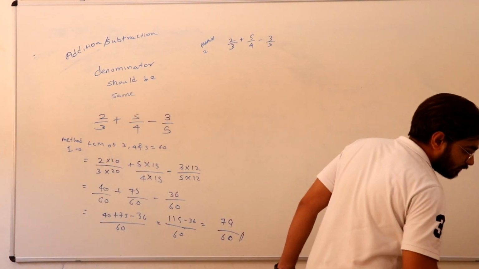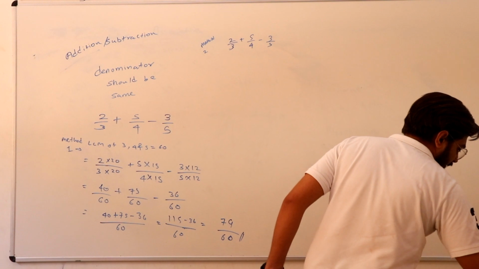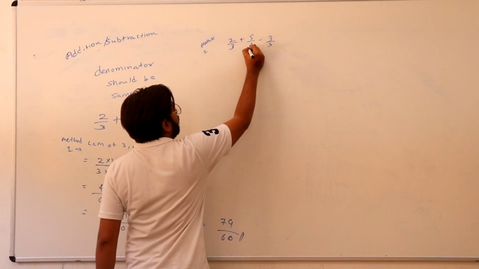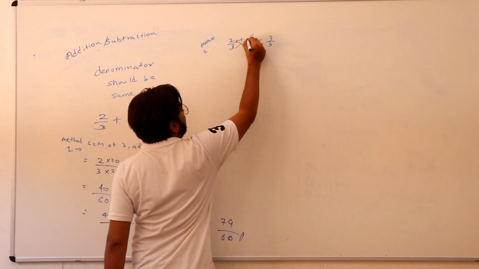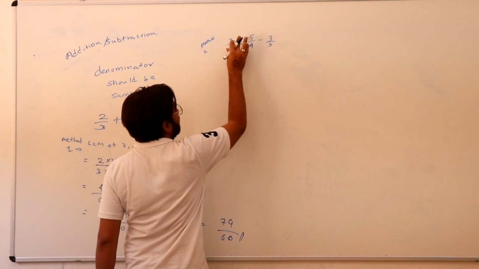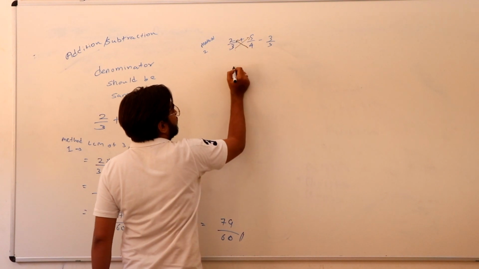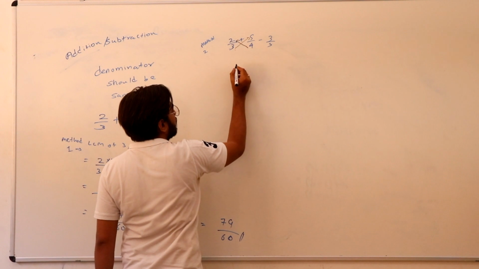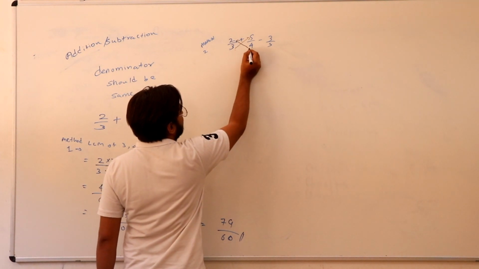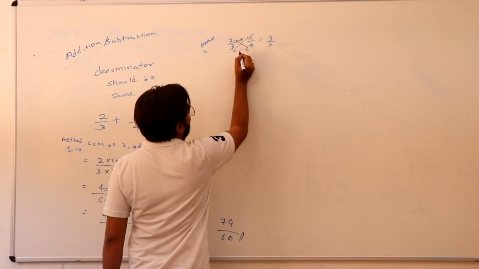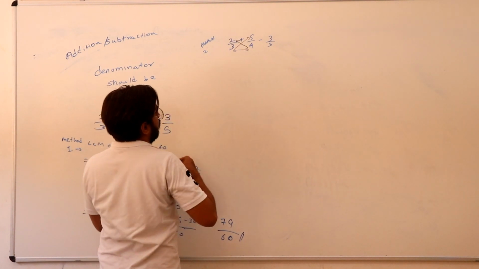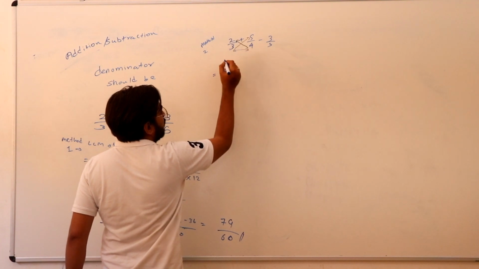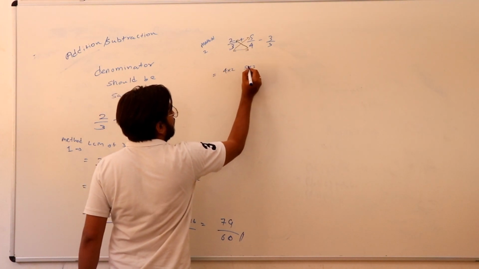I will multiply the 4 with 2, 3 with 5, and this will be the numerator. In the middle, I will put whichever sign the operation gives me, and in the denominator I will multiply these two. So in the numerator, first I will write 4 into 2 and 5 into 3.